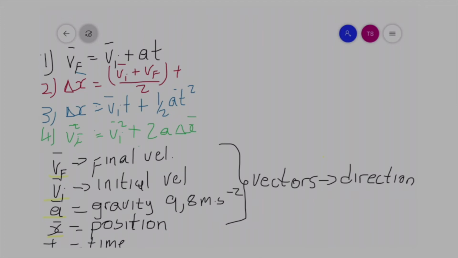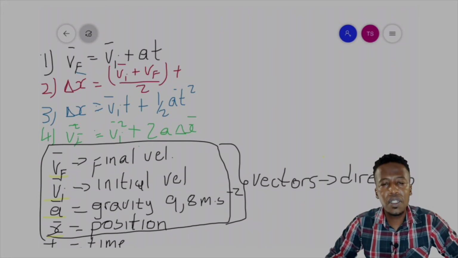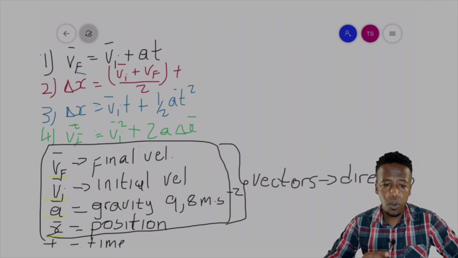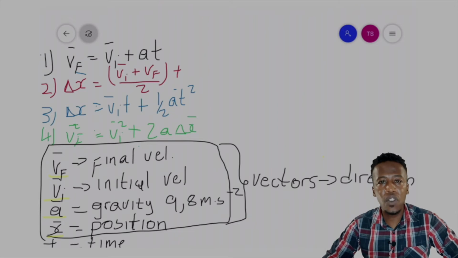Now we include direction in these vectors by basically choosing, remember, we're dealing with only upwards and downwards motion. So whenever you solve this, you need to show by a sign, a negative or positive, whether you choose the upwards direction as positive or the downwards direction as negative, right?